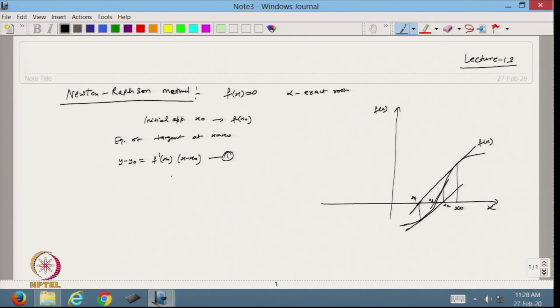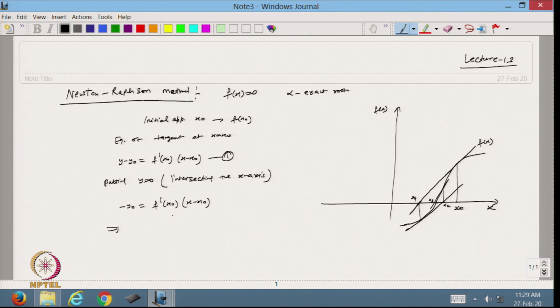Now I want to see where it intersects the x-axis. Intersecting the x-axis, we get y equal to 0. So putting y equal to 0, I get minus y naught equal to f dash x naught times x minus x naught.